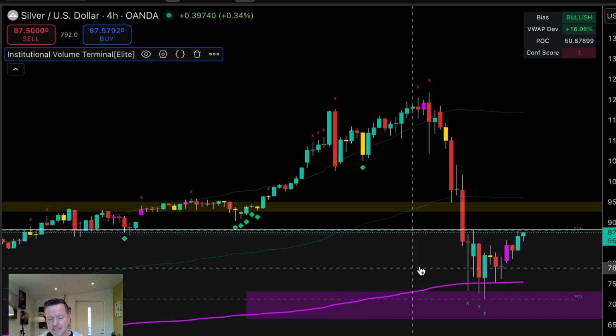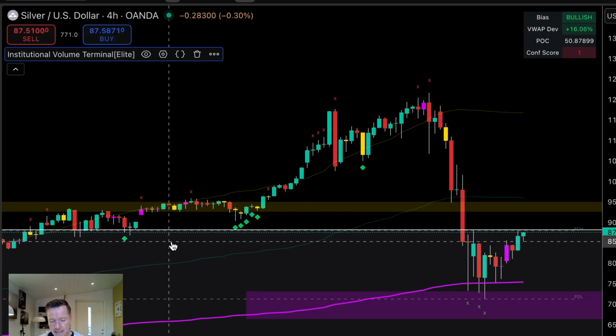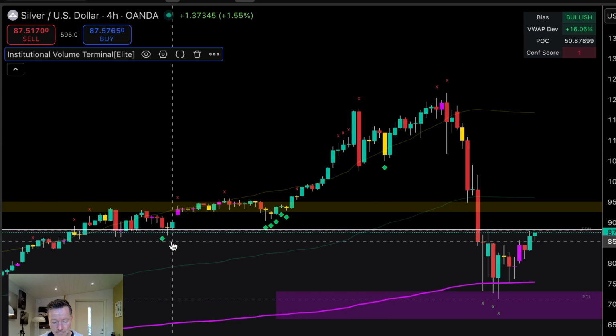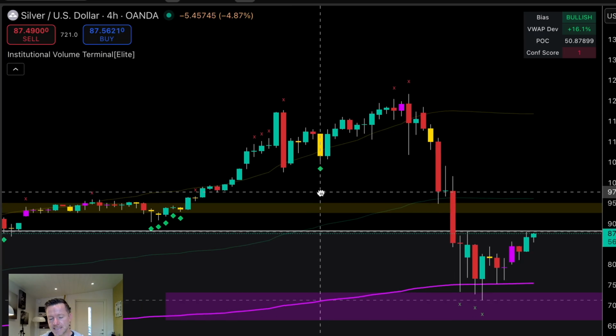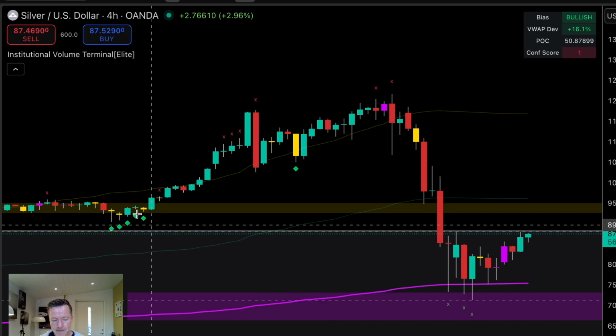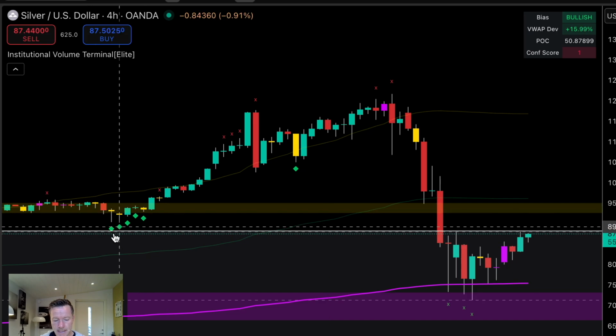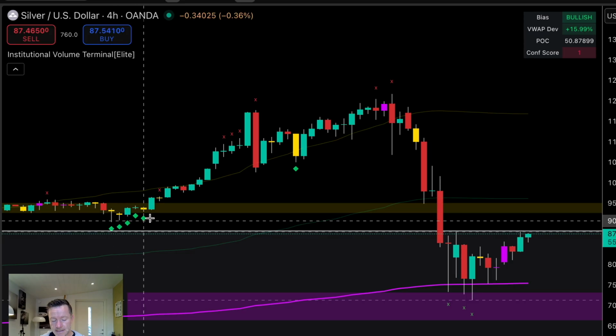So if we look at silver here, this has been a very good trade for a lot of people. I haven't traded it, but I want to show you some signs that you can use with this indicator. Here we have a lot of green squares, and that means that we are seeing more buyers than sellers.